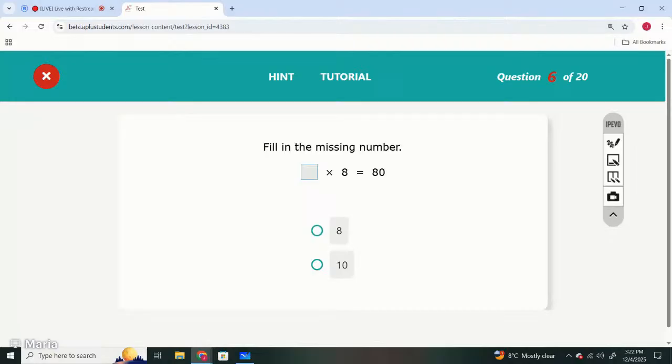What number is it? That is 8 times 10 is 80. Very good. Option number 2 is the correct option.